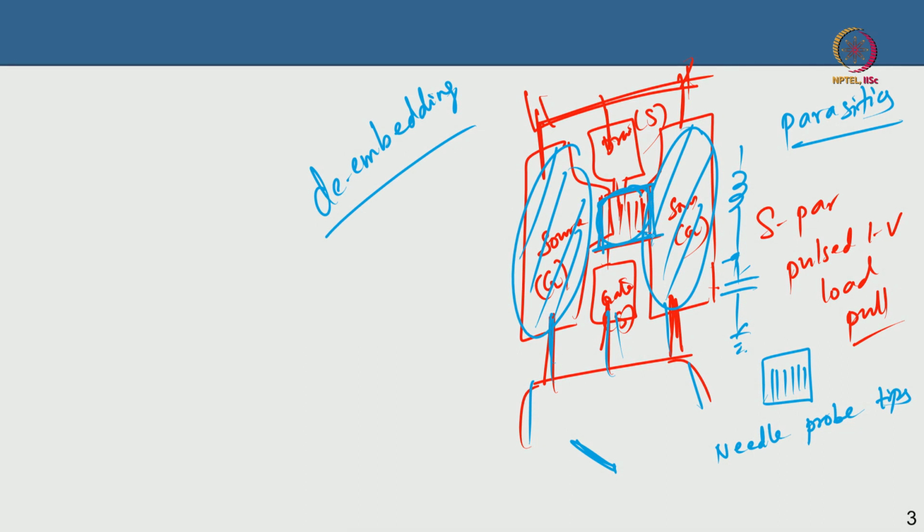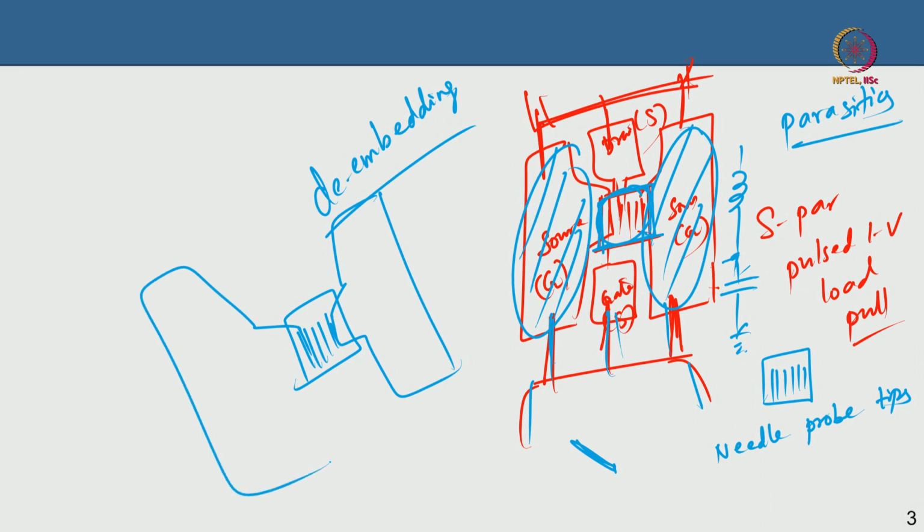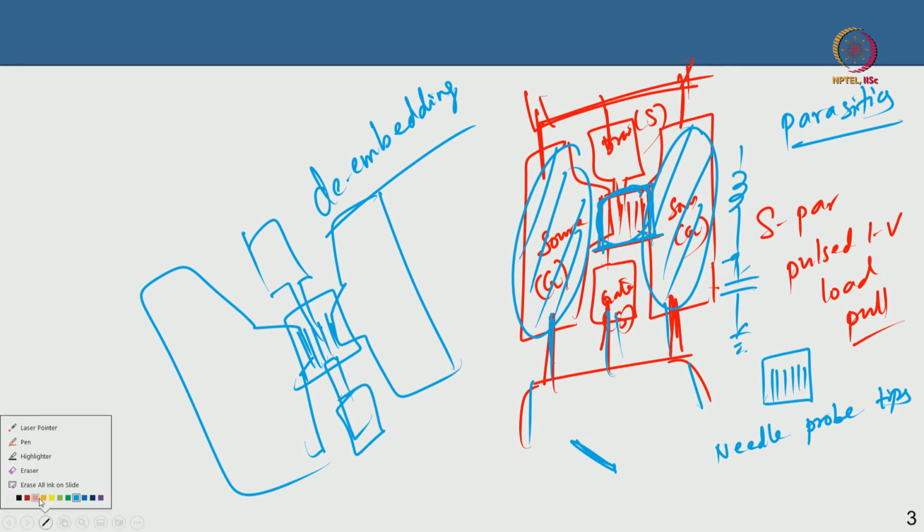so that you only get the behavior of the active device. Okay. So when you have an active device like that, and then you have these giant pads, for instance. Okay. And so what happens is that there is something called a reference plane. Okay. A reference plane is very important.